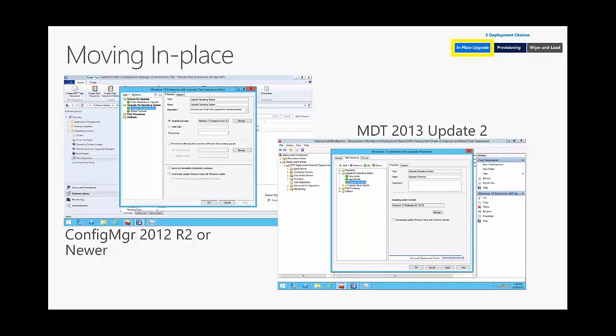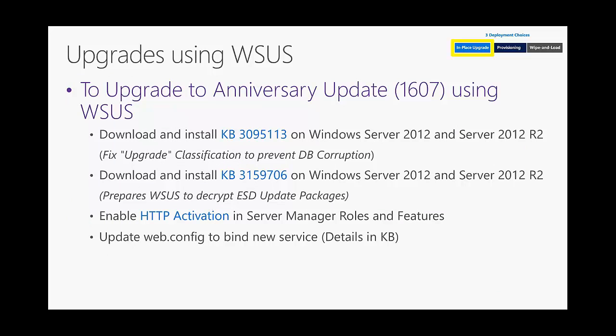For the Microsoft Deployment Toolkit, you have to be running the 2013 version with Update 2, which has specific requirements, and I'm going to actually cover that right here. For upgrades using SUS, you basically have to download and install the current KB, or this reference here.